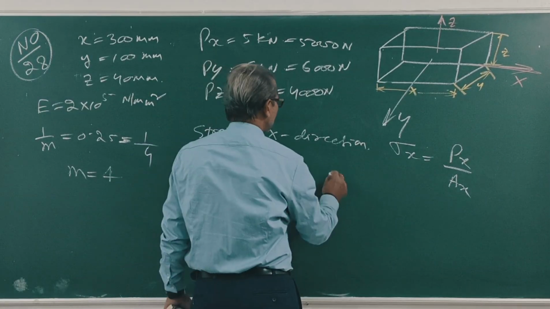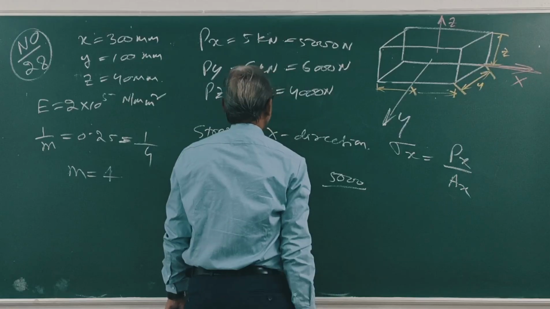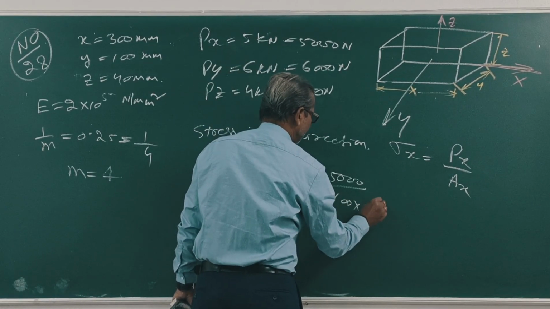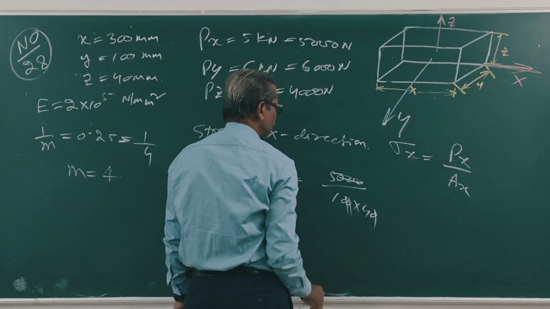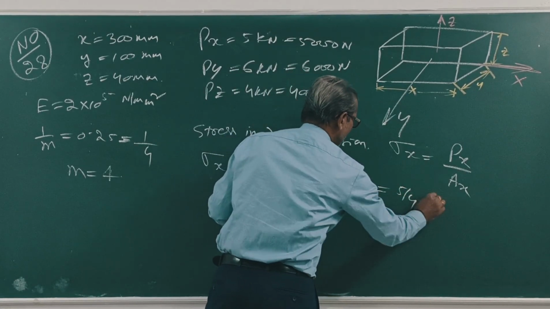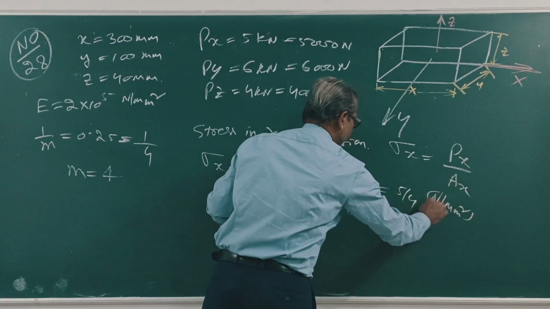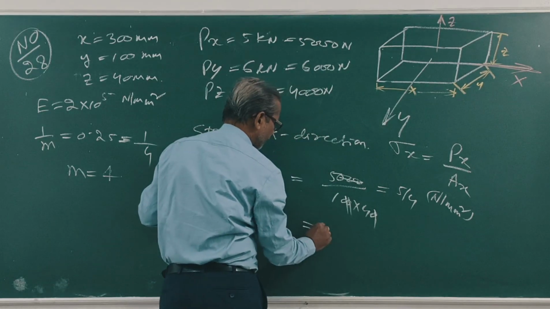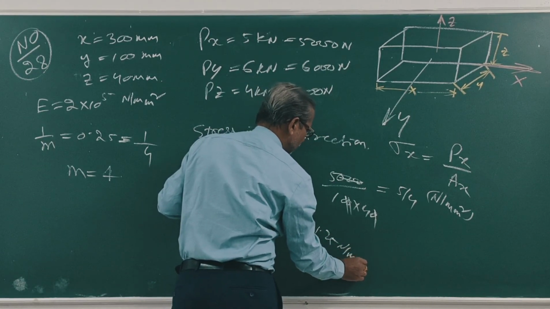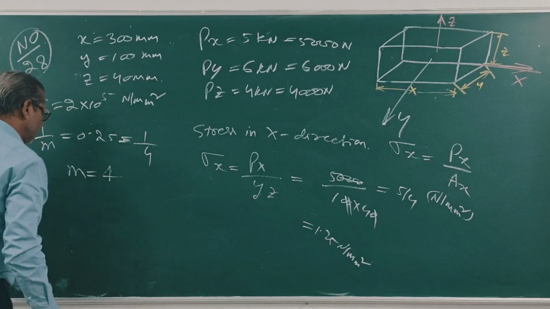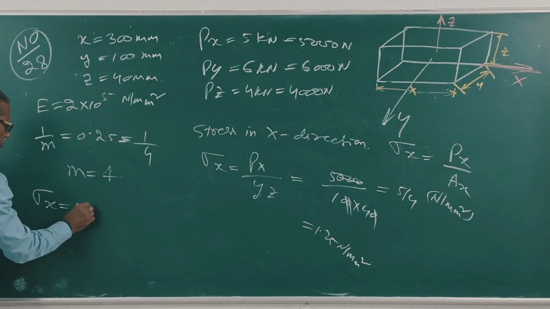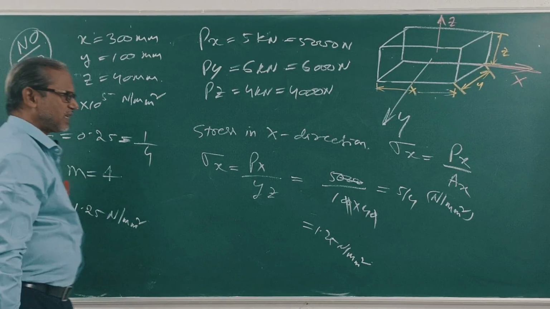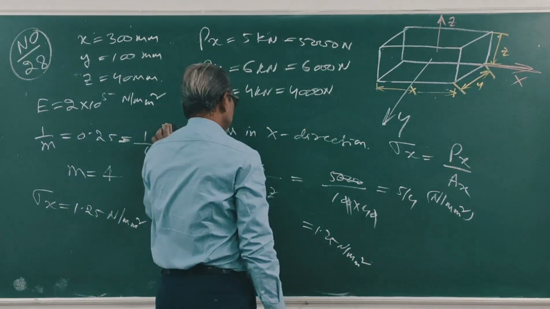What is Px? 5000 by YZ, 100 into 40. 5 by 4 Newton per mm square. So sigma x is equal to 1.25. Clear? This is sigma x is equal to 1.25 Newton per mm square. This is stress in x direction. Similarly, stress in y direction.